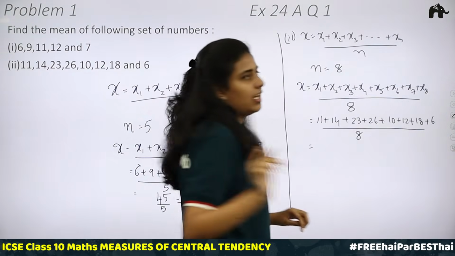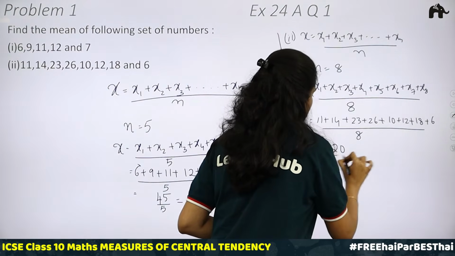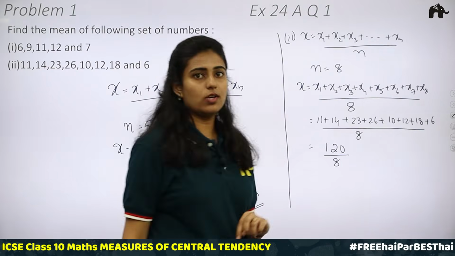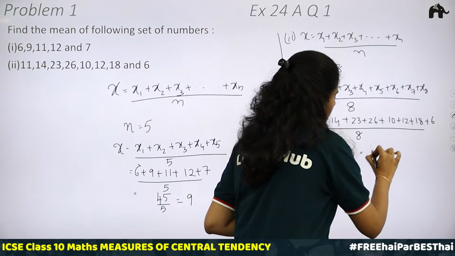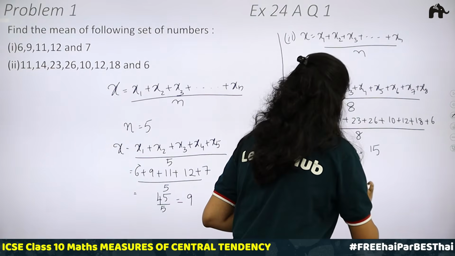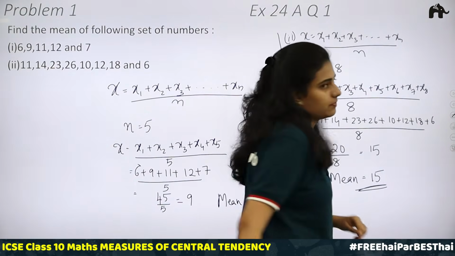On adding, what do we get? 120. Correct. So 120 divided by 8. What is 120 by 8? 120 by 8 is equal to 15. So arithmetic mean in this case is equal to 15.